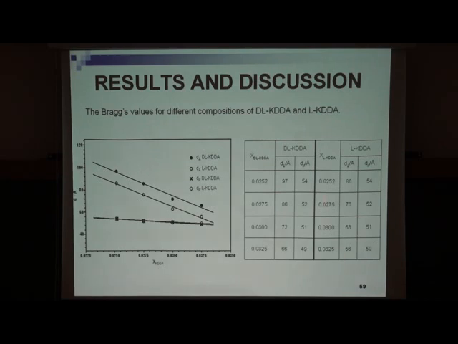And we repeated the experiment by increasing the concentration. I mean, we tried to determine the concentration dependence of the Bragg values. As you can see from this table, if we increase the concentration of amphiphilic molecules in nematic and chiral nematic phases, the perpendicular Bragg values get smaller.